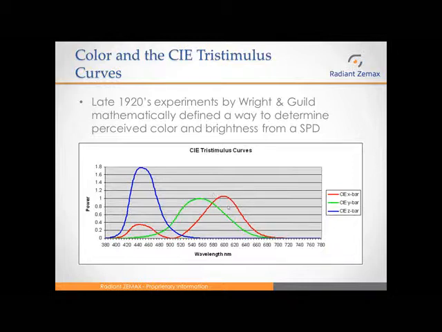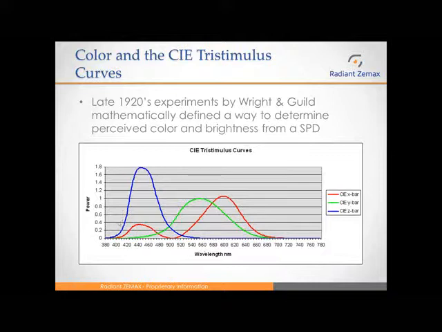CIE is a standards body that keeps these things regulated, and so they review and approve new color spaces, so that everyone is on the same page in the world of color measurement. So CIE Tristimulus curves are what these weighting functions are called.